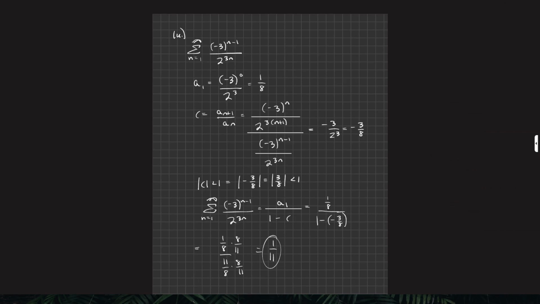Okay, and let's look at a good telescoping series problem. So we have the sum from n equals 1 to infinity of 1 over n times n plus 3. Now, we can use partial fractions on this.